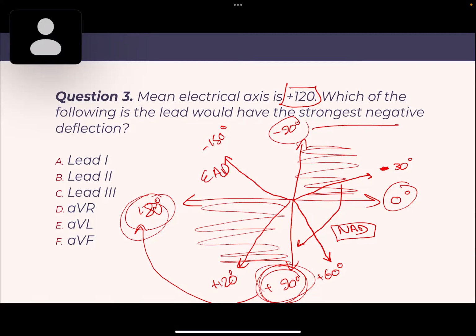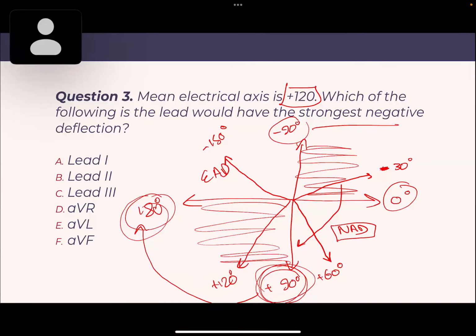How could they get to a question in this? They could, for example, say a patient has a cardiac axis that is, let's say, positive 50. Is this normal or abnormal? Normal. Why do you think it's normal? Because it falls between -30 and +90.